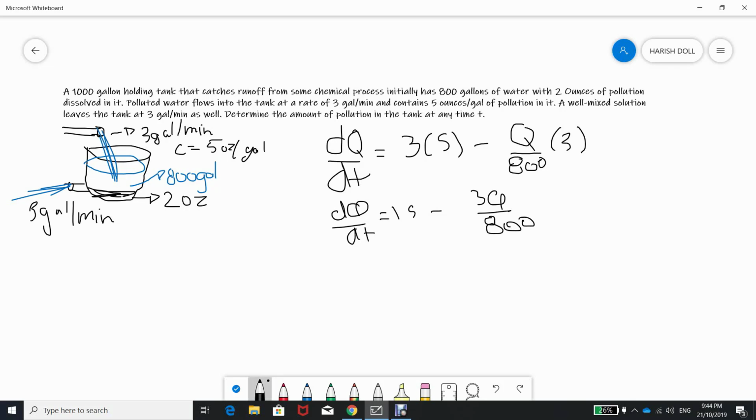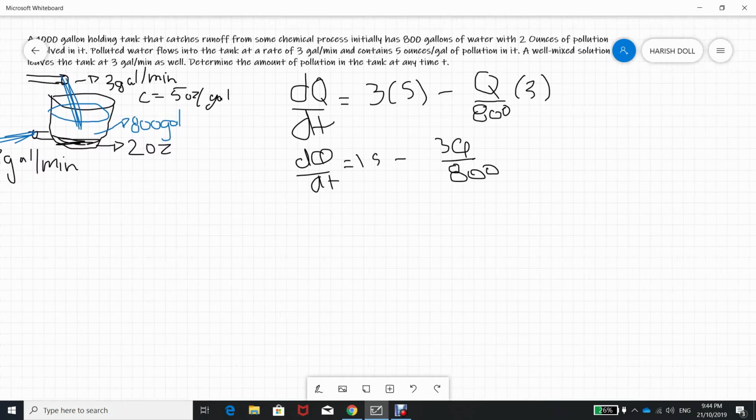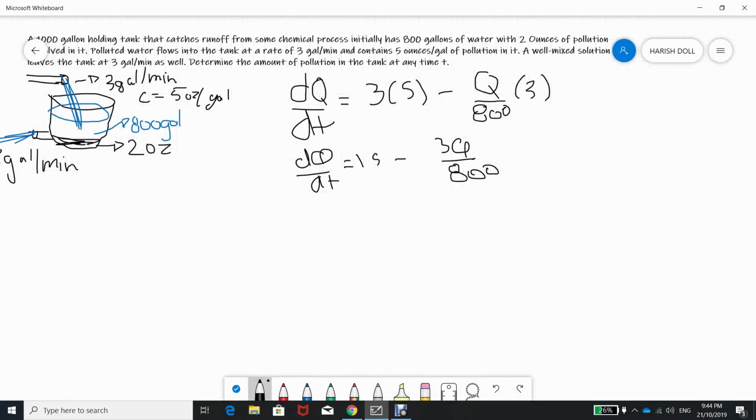Now let's not complicate things, and let's take out all of the constants with regards to q. So I will need some space. So we can say that dq/dt is equivalent to, now we can take out 3 over 800, so we're only left with q, so it'll be easier to find the differential equation.